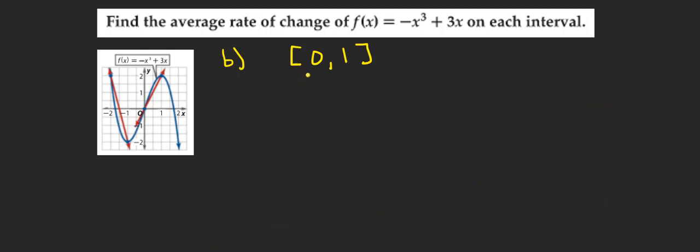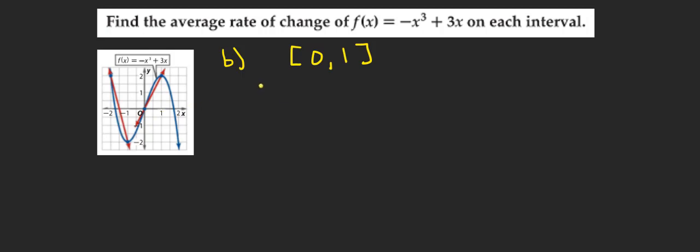What about on the interval from 0 to 1? Well, 0 is over here, that's the point, and at 1, there's a point. So the line going through these 2 points is this one right here. To find the average rate of change on this interval, you got to find the slope of this red line.